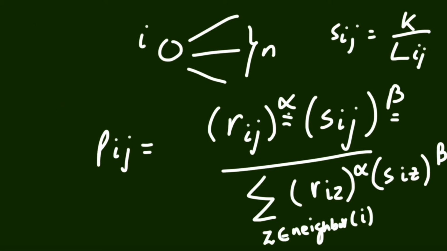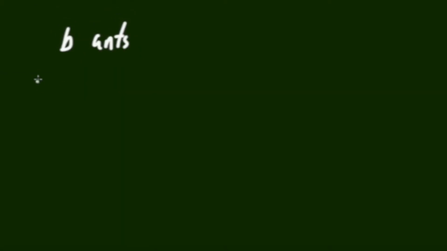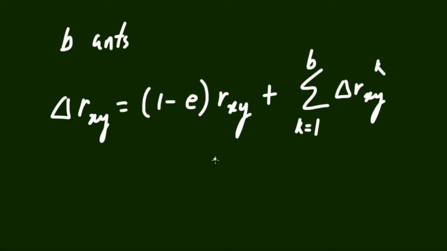Initially, all edges have constant pheromone counts, and hence the probabilities are determined using the static weights. After n ants have traversed the graph, the pheromone concentrations are updated according to this equation. Here, delta R_xy is the pheromone concentration added to edge xy. E is an evaporation rate.